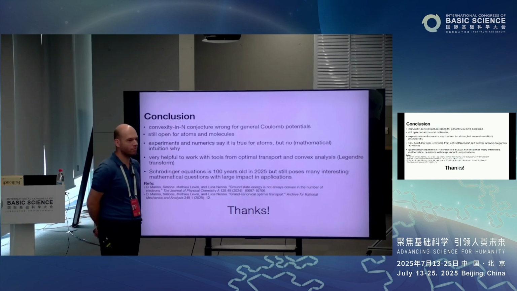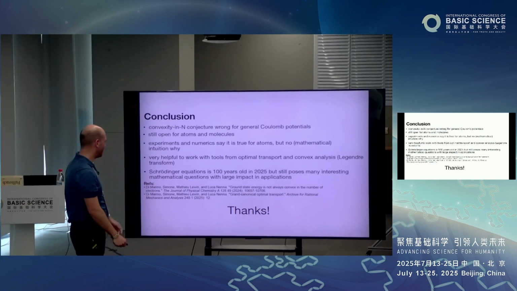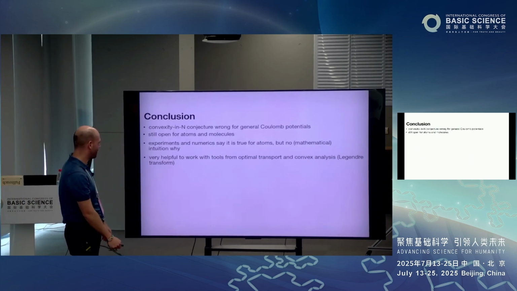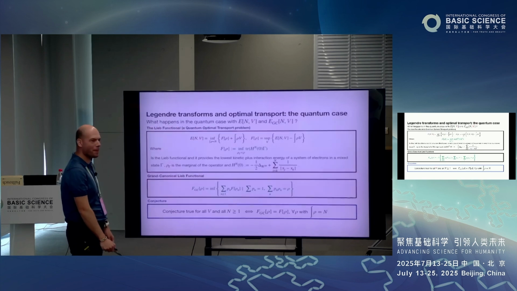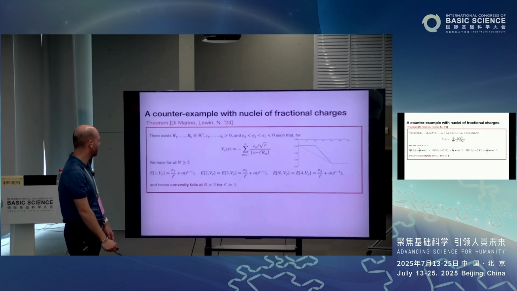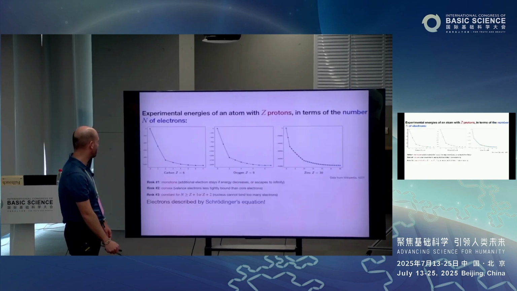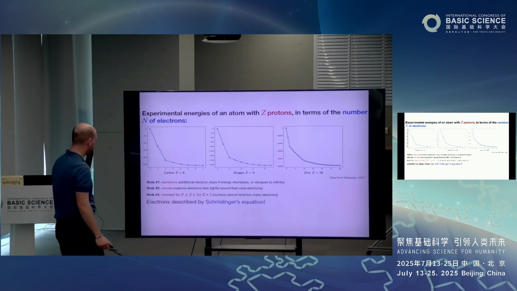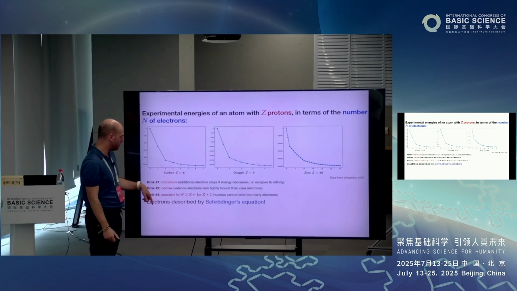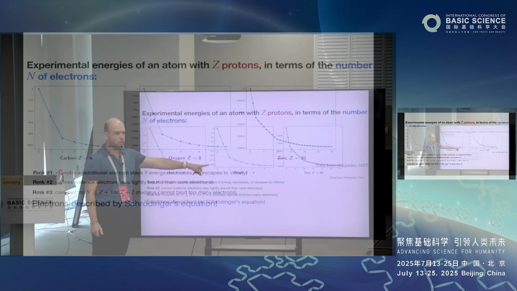Maybe I have a naive question about one of your very first slides, where you showed this convex plot. It looks like when the number of electrons goes up, the energy goes down. But if it becomes very big, shouldn't it go up again? If the number of electrons is much bigger than the charge of the nucleus, shouldn't it go up again?